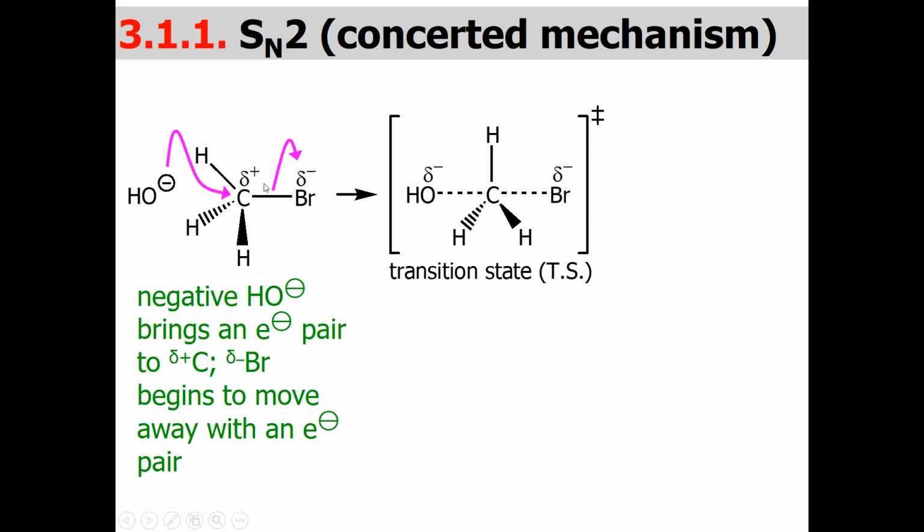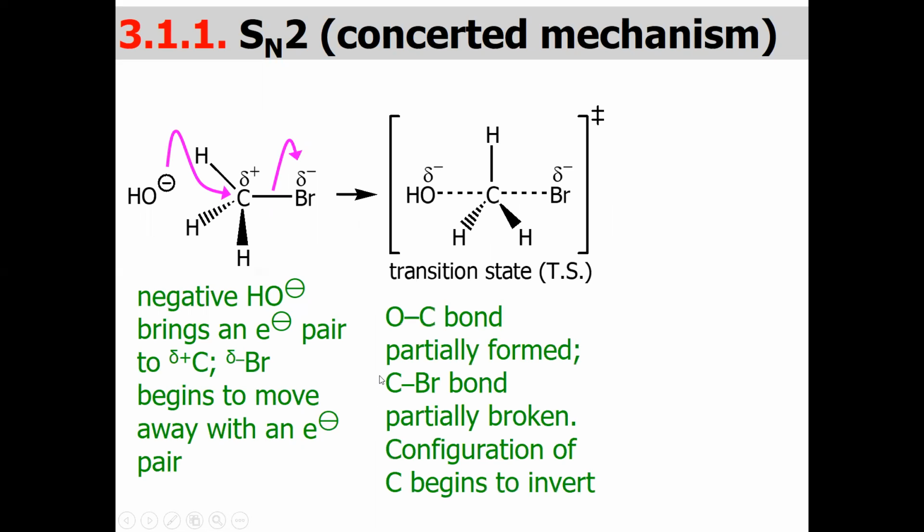The bromide or halide begins to move away with an electron pair, and the O–carbon bond in this case is partially forming, while the carbon–halogen bond, like in this case the C–bromine bond, is partially broken. And the configuration of the carbon begins to invert. Configuration means its stereochemistry begins to invert.